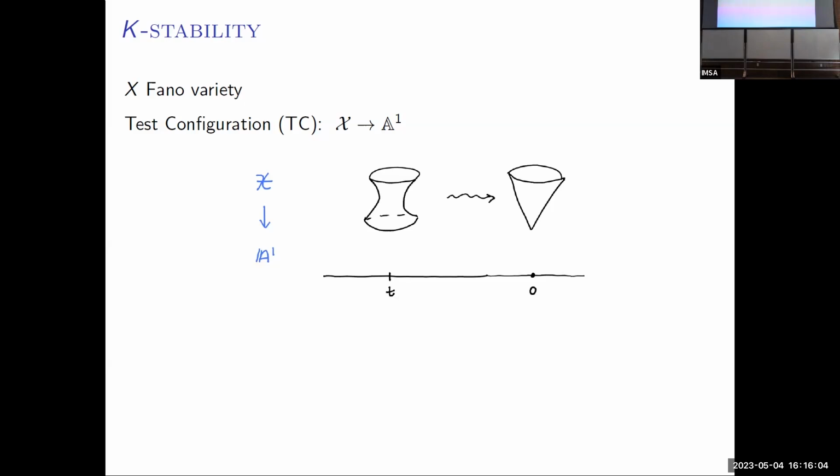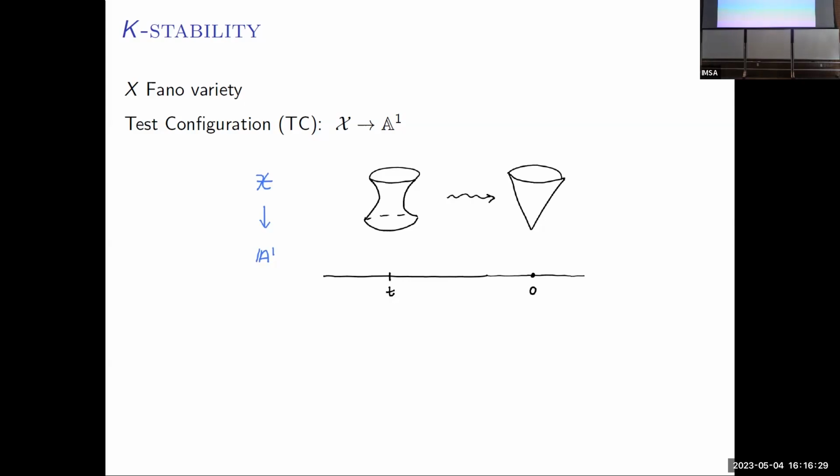I drew something nice here, something irreducible, but it could be reducible, and it could be pretty badly singular. Outside the origin, all the fibers are isomorphic to X, and over the origin, anything can happen.